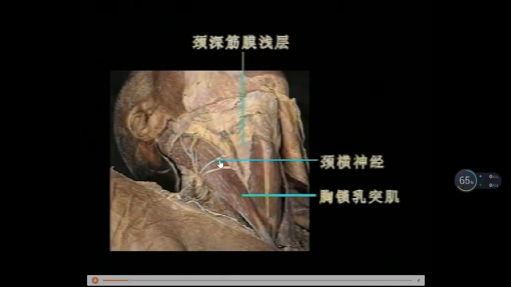Here, the transverse cervical nerve and other cutaneous nerves from the cervical plexus. Here, this is the superficial layer of the deep cervical fascia, the enveloping fascia or investing fascia. This one, sternocleidomastoid.